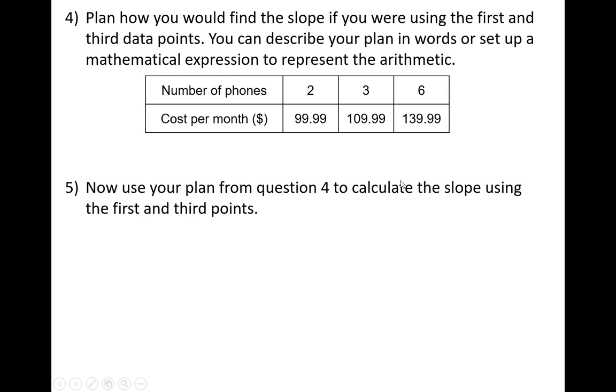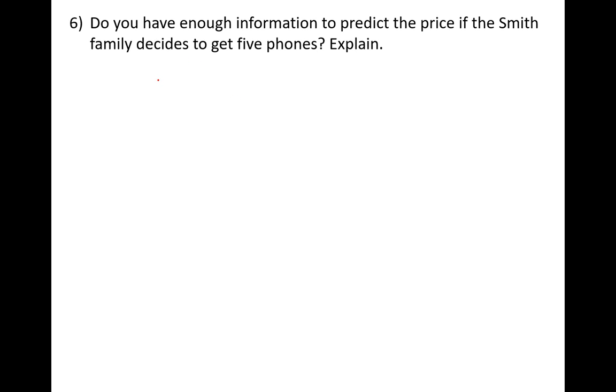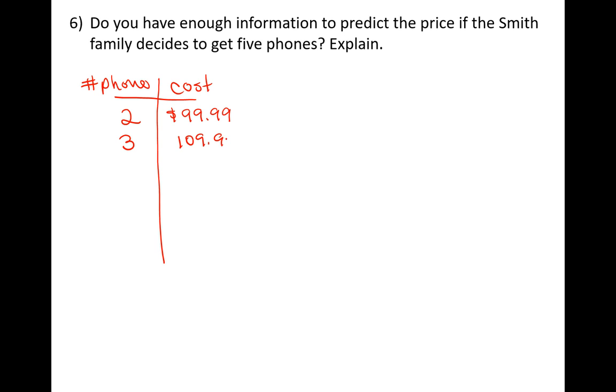Actually, the first 2 phones cost $99.99. So let's figure out what 5 phones would cost. We have the number of phones, and we have the cost. We know 2 phones is $99.99. We know 3 phones is $109.99. We know that that slope is $10 for 1 phone.